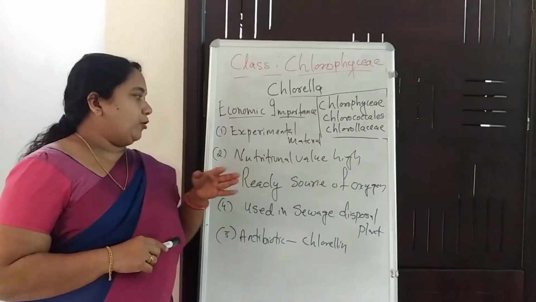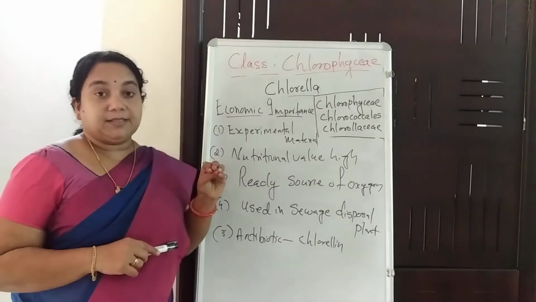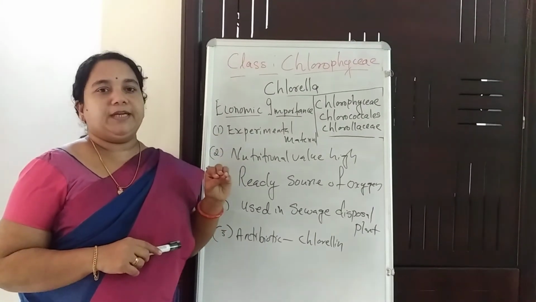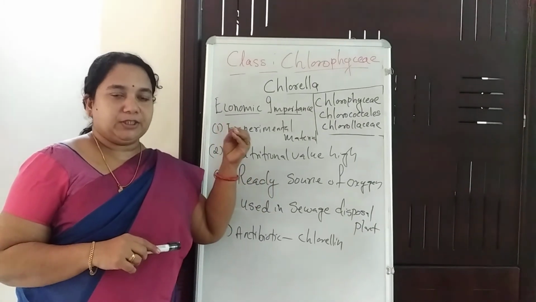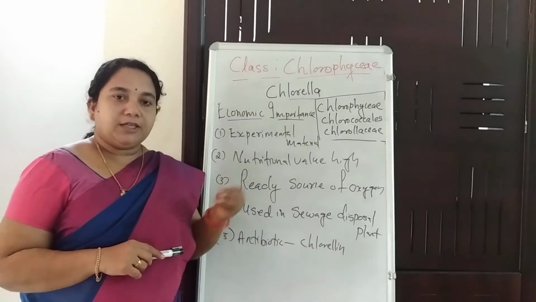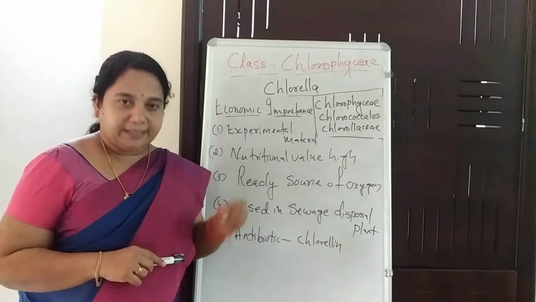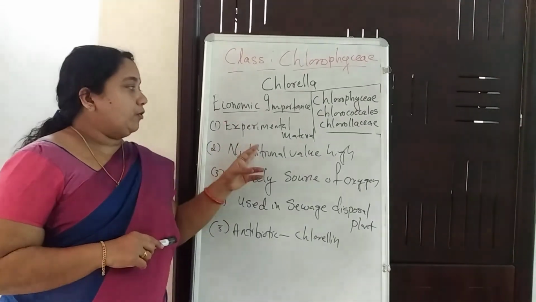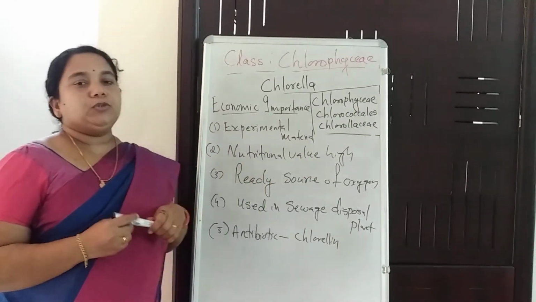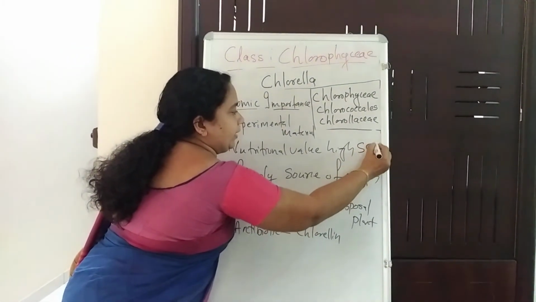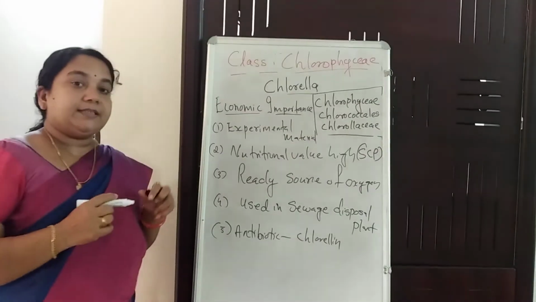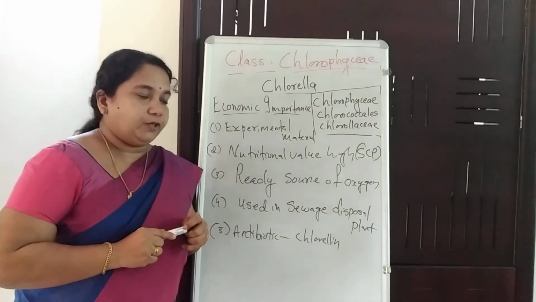High nutritive value means it has 50% protein, 20% fat, and 20% carbohydrate. In addition to that, it has minerals and vitamins. Because of this high nutritive value, it is used as a single cell protein, a source of food.